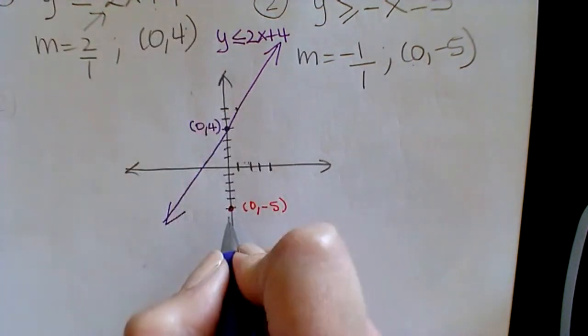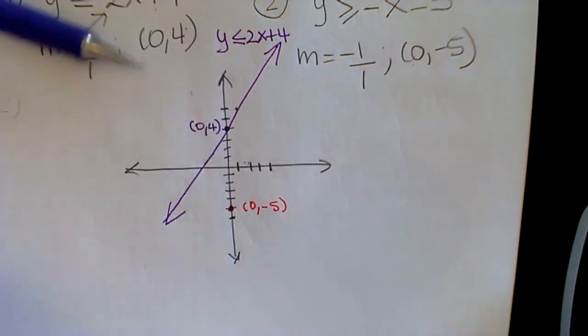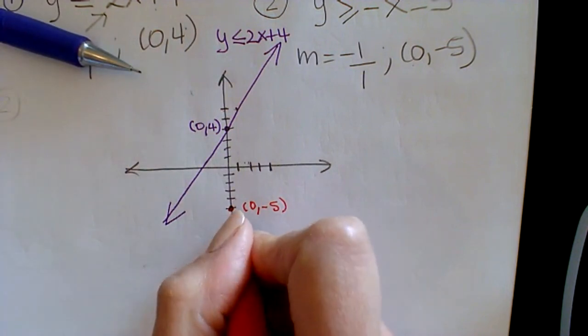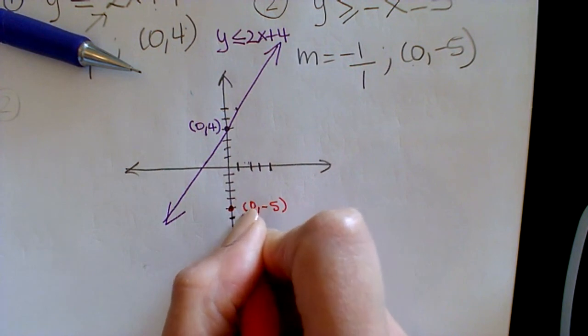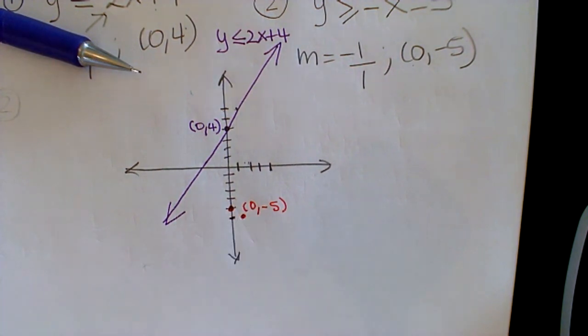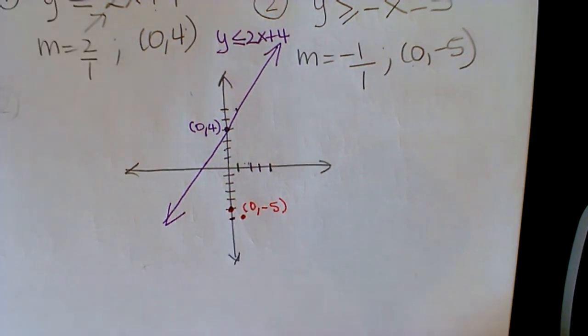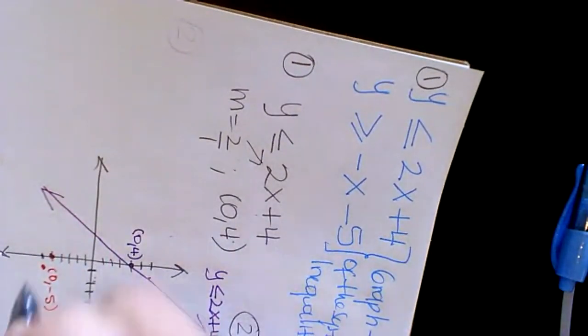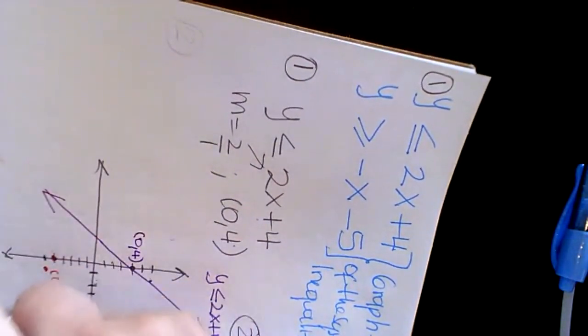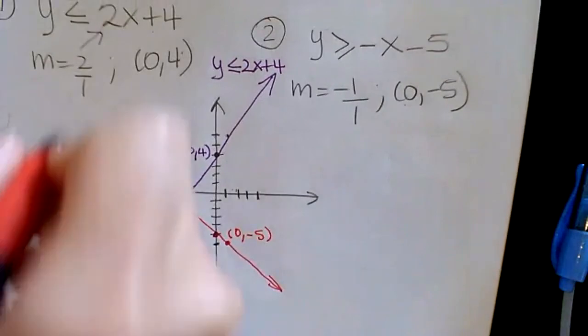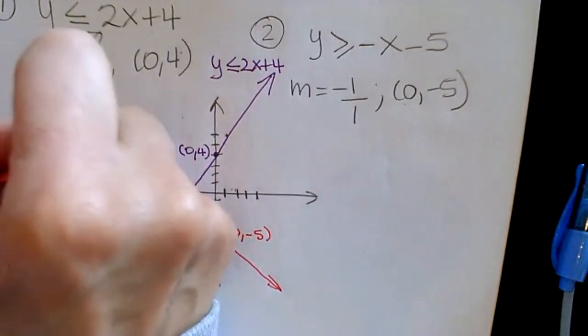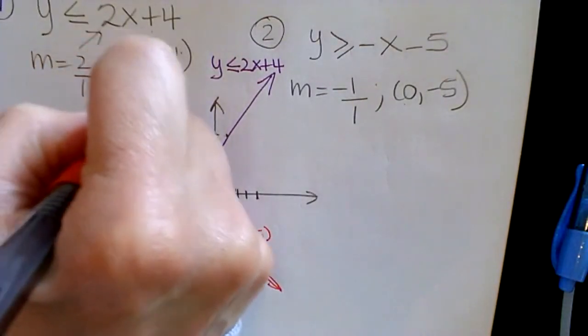It says that we need to go down 1 and 1 to the right. Okay, so it's going to go. I'm not that great at this, and I don't have a ruler here, so let's see. There we go. This one will be y greater or equal to negative x minus 5.